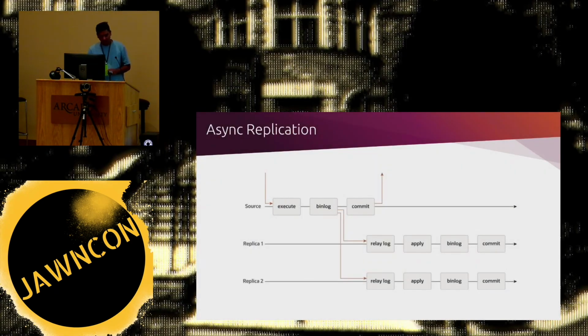In the case of async replication, imagine the source is the primary. This demonstrates what happens. The incoming arrow is the client telling it to execute some transaction, and it persists the transaction to its bin log, which is called binary logs.